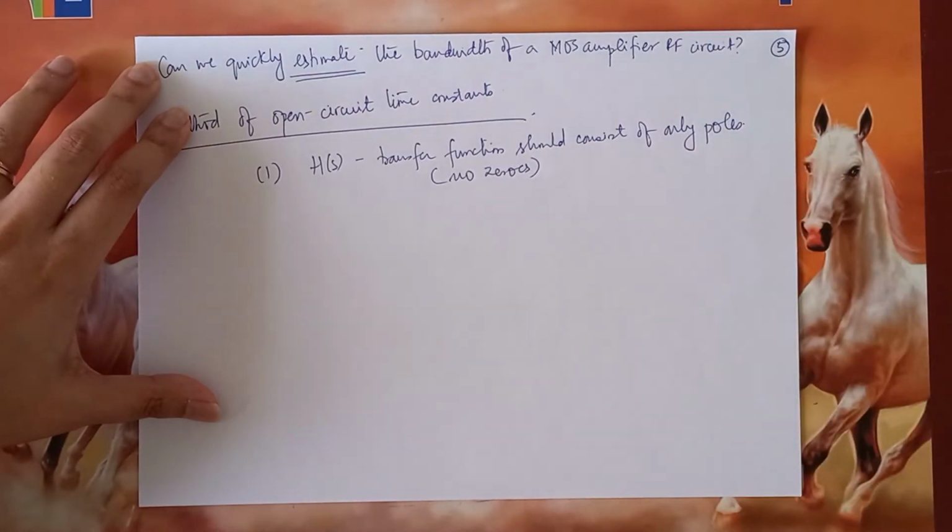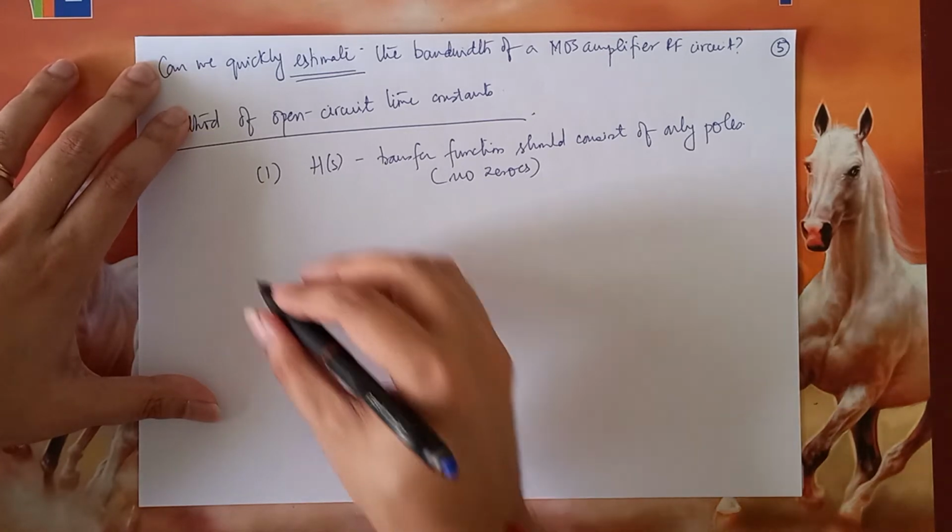As you know, poles and zeros can form a part of any transfer function in general.